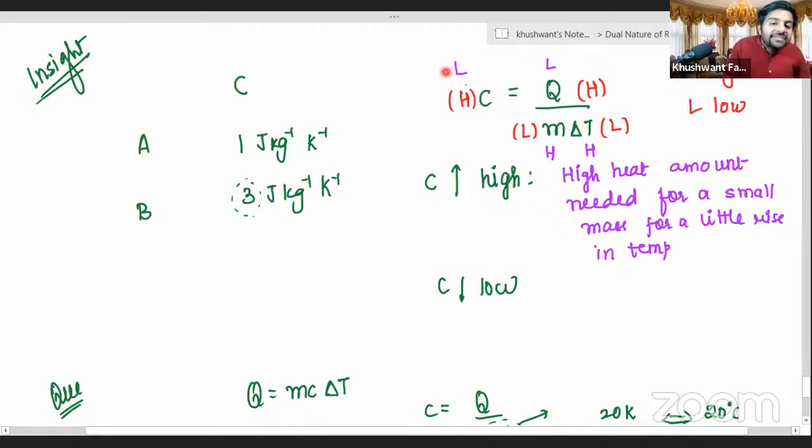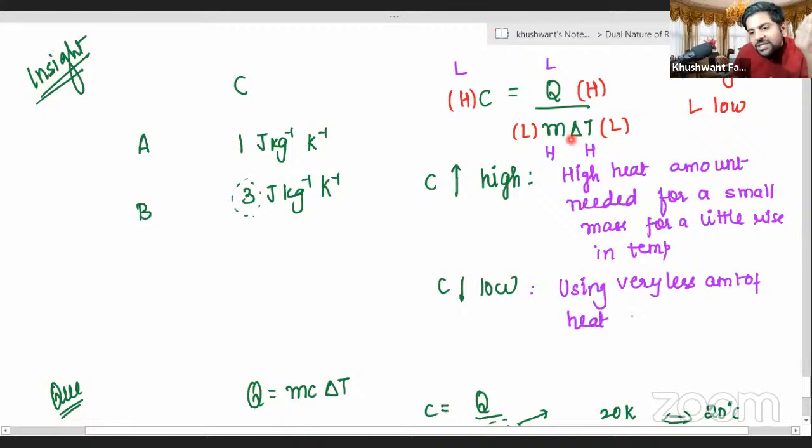The meaning is whenever there is low specific heat capacity substance, इसका meaning है that for using very less amount of heat, L L, see here, using very less amount of heat, है ना, large temperature change can take place for large mass. Large temperature change can take place with large mass.